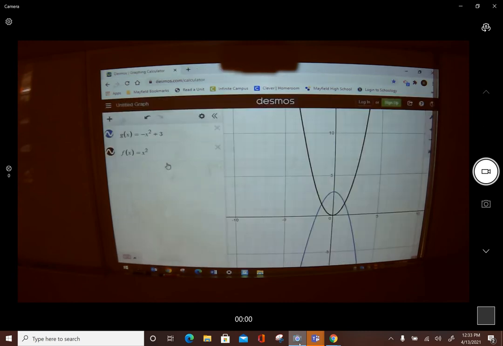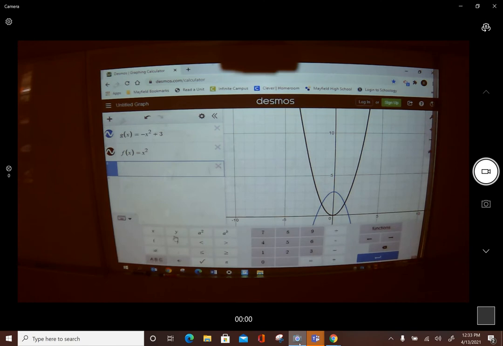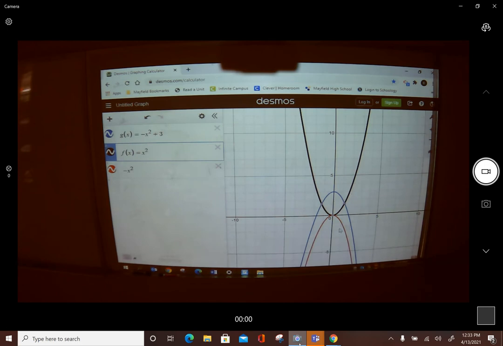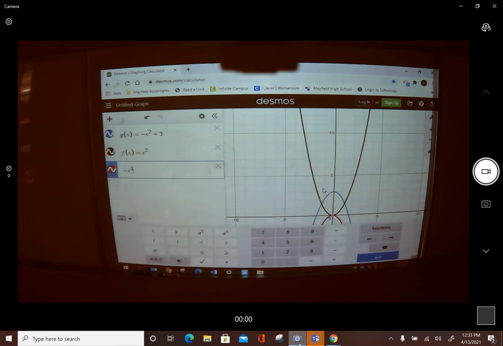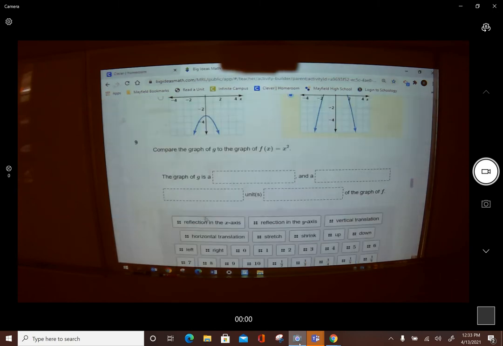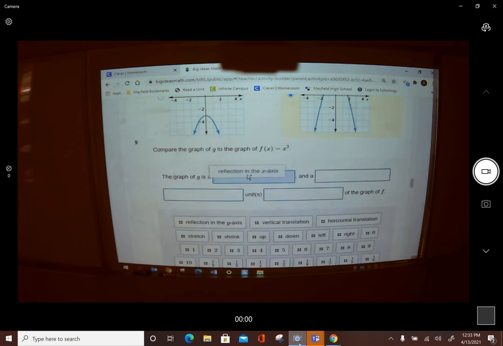So first they were x squared, and I'm going to draw this just so you can see it. Negative x squared. So you see in red, this is the first movement. This is the reflection. And then they're going to go up 3 units from there. That's what the plus 3 does. So you can think of these all as control mechanisms. The negative on the x squared flips it or creates a reflection in the x-axis.